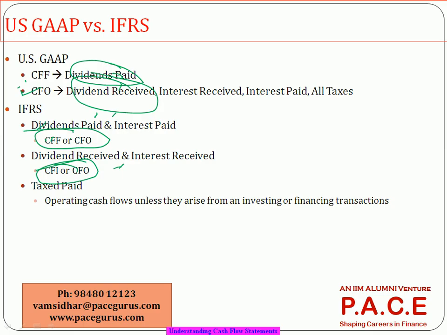Right? And coming to the taxes, most of them are operations itself. Wherever the tax is arising because of investment activity, let's say I have bought the shares of a company at 100, but I have sold them at 130. My profit is 30.